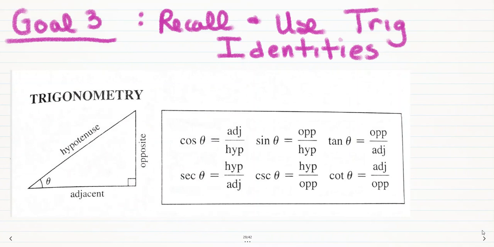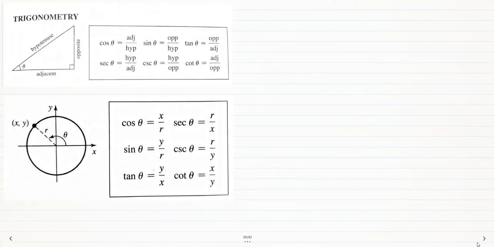Really quickly, let's breeze through goal 3. You may need to pause the video to write some of this, but just some real basic trig identities that you must go back to review are adjacent over hypotenuse, opposite over adjacent, and hypotenuse values.